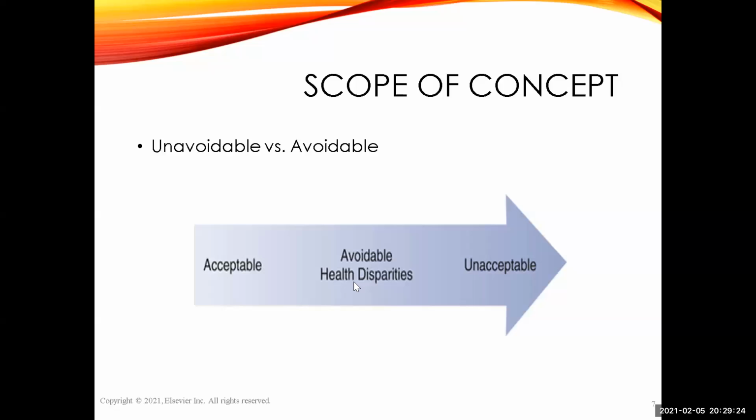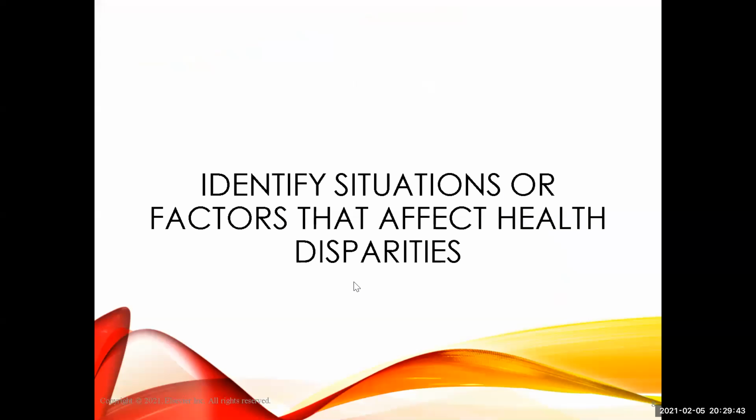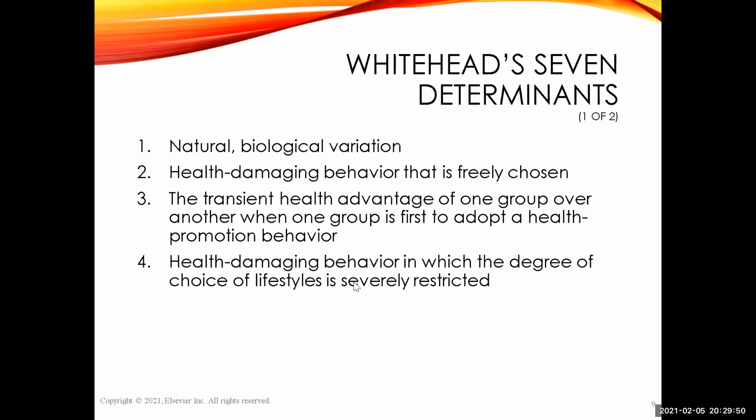So the scope of the concept, you see this probably in almost every chapter of the concept book, this arrow. So you have acceptable versus unacceptable, and in the middle, you have avoidable health disparities. So identifying situations or factors that affect healthcare disparities.